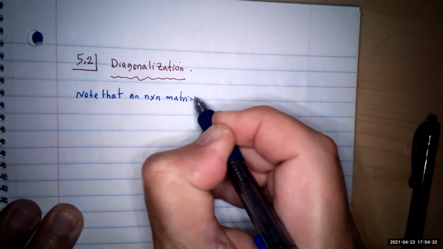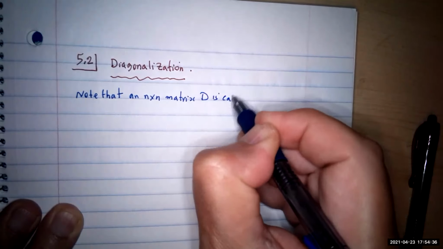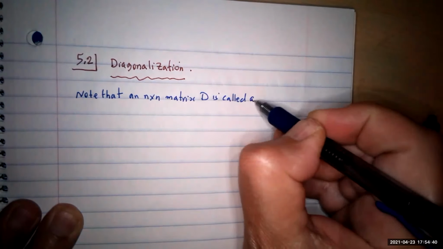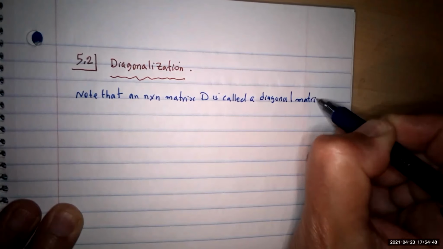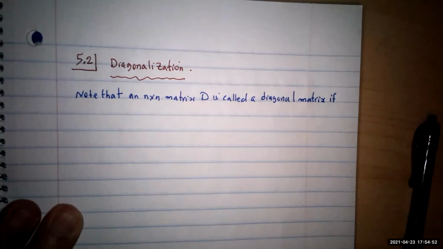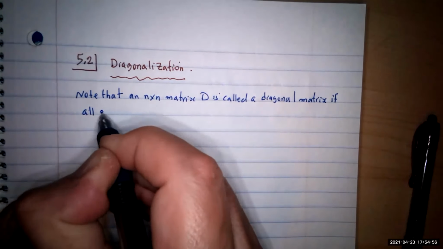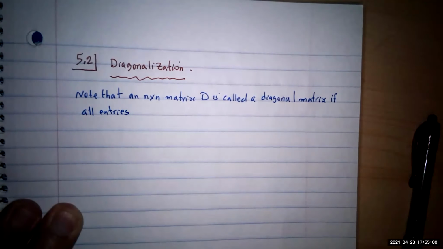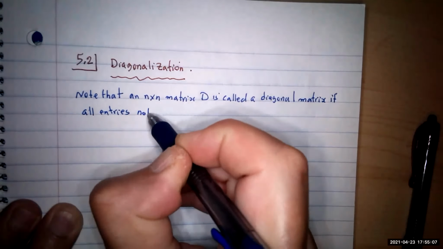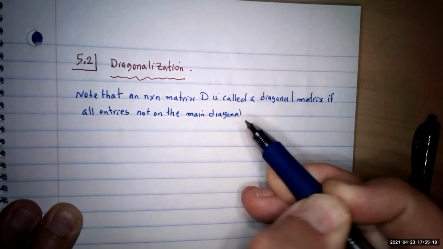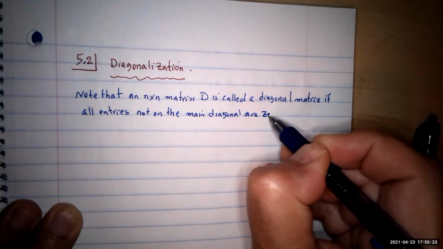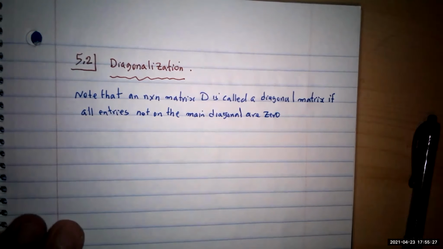An n by n matrix D is called a diagonal matrix if all entries not on the main diagonal are zeros. Everything off the main diagonal must be zero.